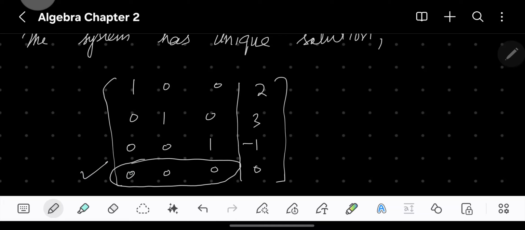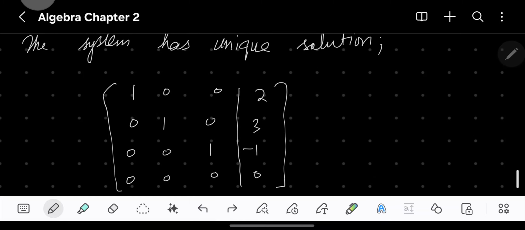If the row here is 0, here the element must be 0, right? If these numbers are 0 and this is not 0, that means there is a contradiction, because the last equation will not be satisfied then. Since there is no contradiction and each column has the pivot entry, this system has unique solution.